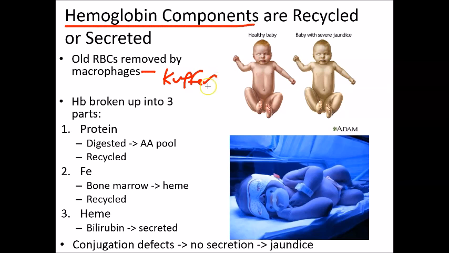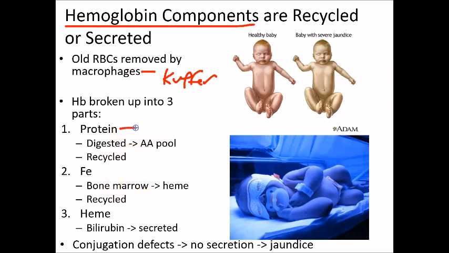Those are in the liver and spleen, and what the Kupffer cells do is they remove old red blood cells. The way they can tell they're old is that, just like many of us, they become less flexible as they age. And so these macrophages pick up the old cells and then destroy them. Now, we recycle many of the parts, not all of it.